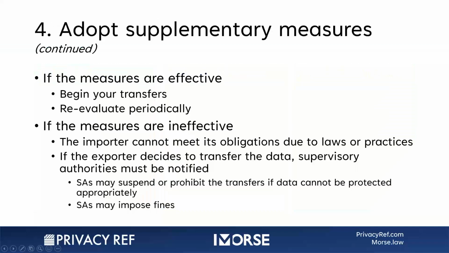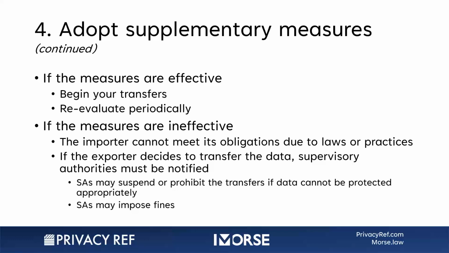Okay. So if you go through all of this process and you and the importer and the exporter agree that the measures are effective, begin your transfers. But again, go about and reevaluate them periodically. Things may change. If it turns out the measures cannot be declared effective, the importer can't meet its obligations due to laws or its practices, so the exporter needs to decide to transfer the data or not.